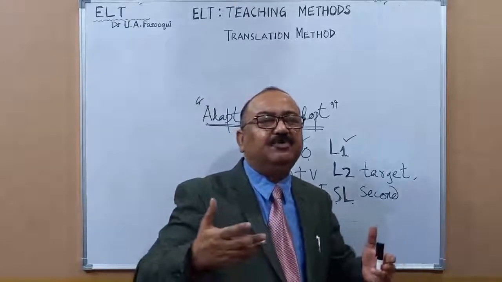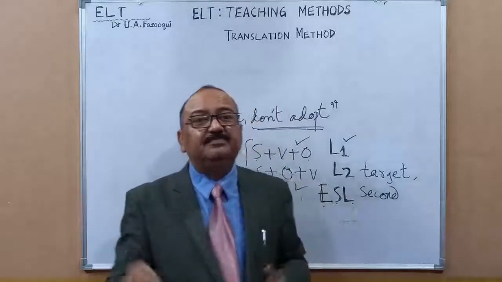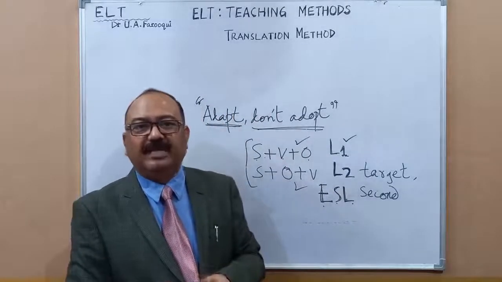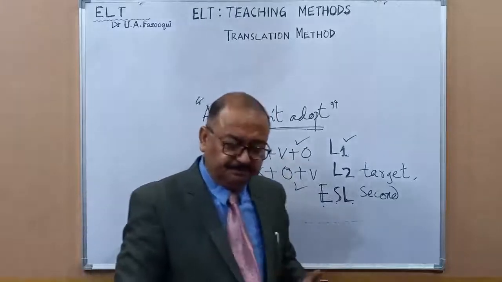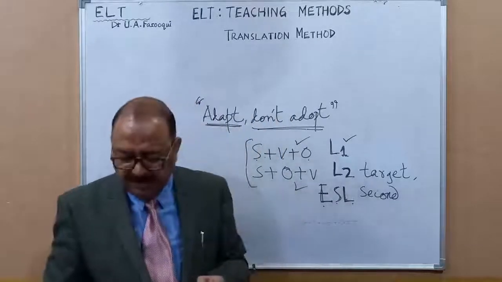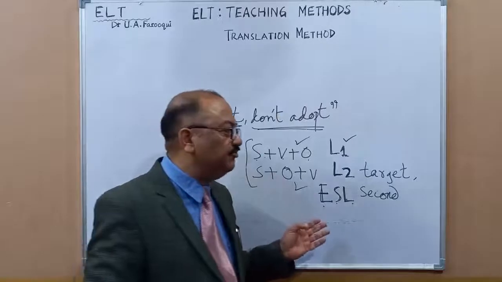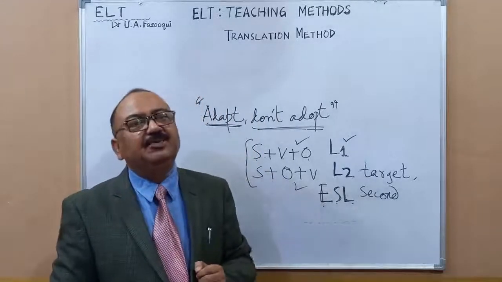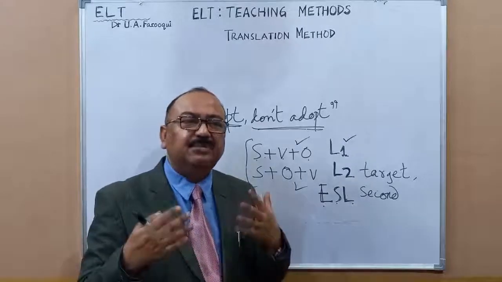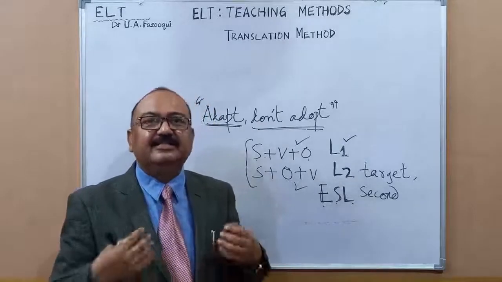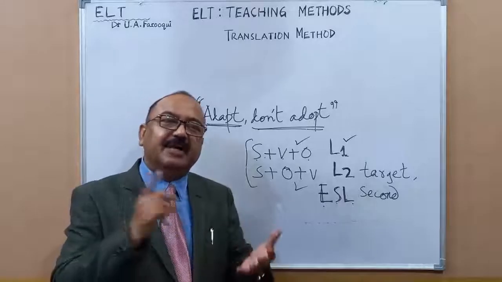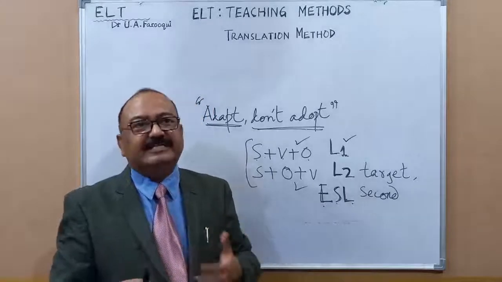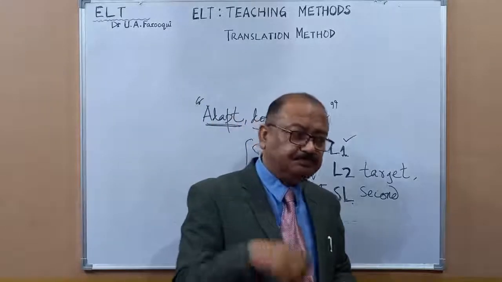Otherwise the time would be wasted if meanings are explained by giving definitions and explanations in the foreign language itself. Isn't it? So you don't need to give the explanation. You don't need to define the objects. You can just directly give them the Hindi equivalent, the mother tongue equivalent, and they would retain it and understand it. This method is very easy. Why? Because words and phrases can be easily explained to them in the mother tongue.